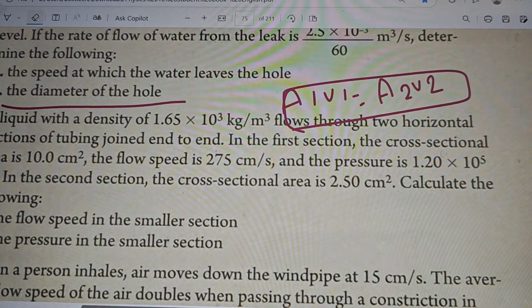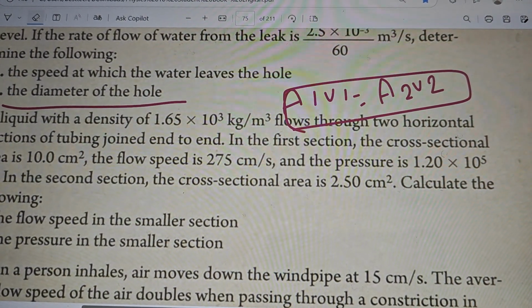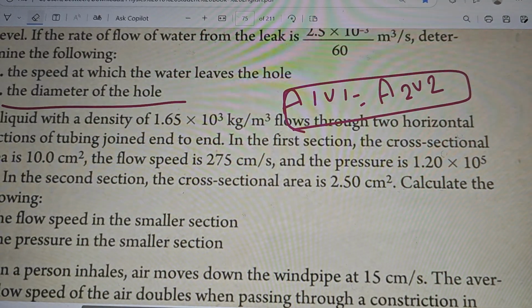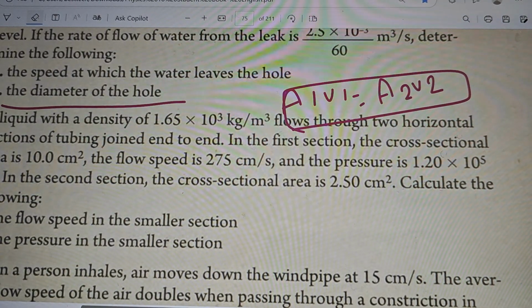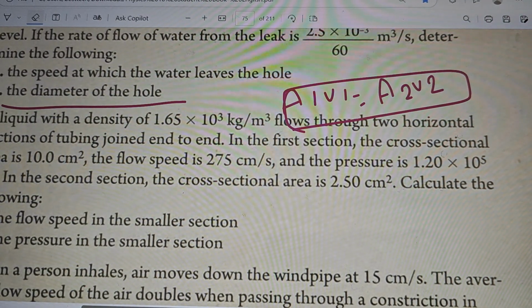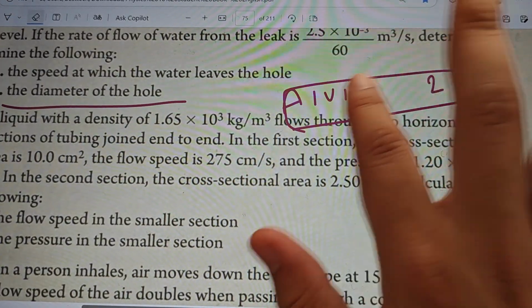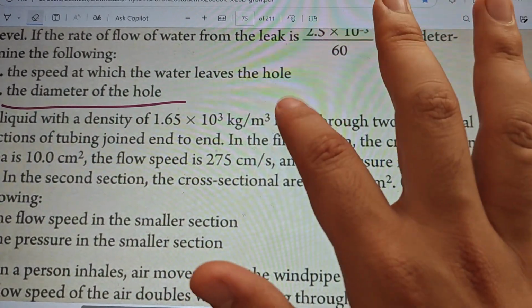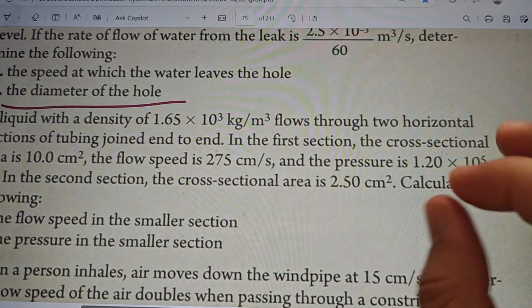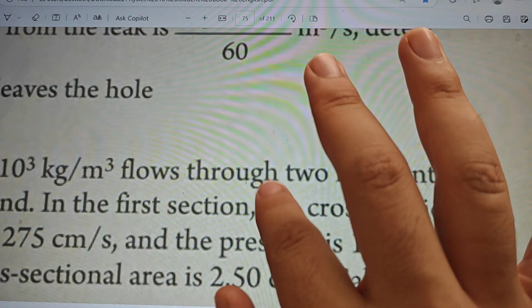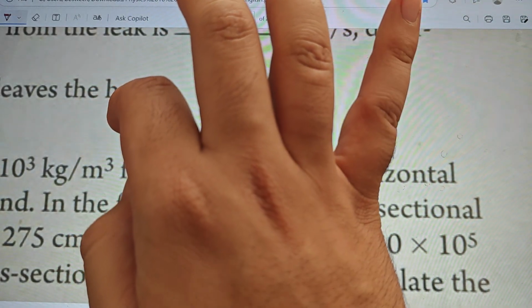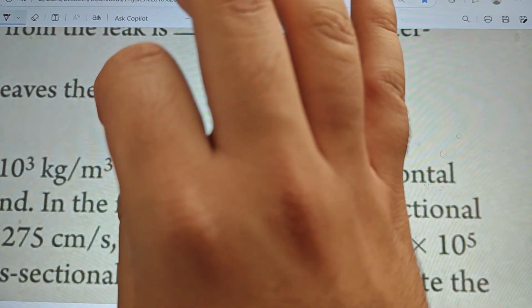So now, because the question says find the diameter of the hole, we will be using one of them. Let me make a space. But now in here you have to write flow rate.